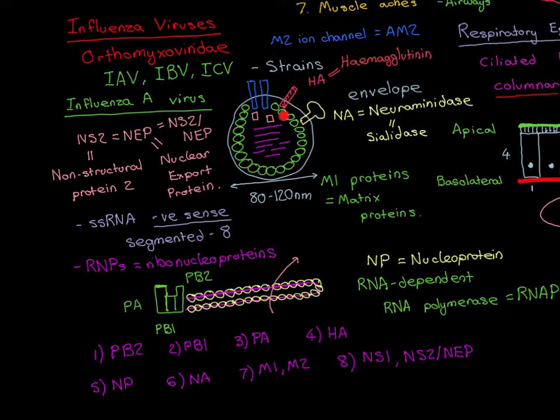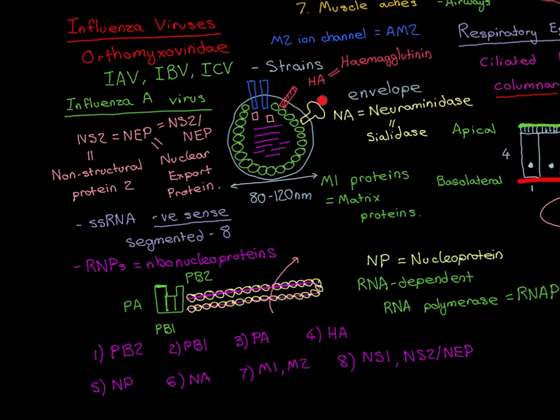Finally, also inside the matrix of the influenza A virus particle, you have some of the non-structural protein 2s, or the nuclear export proteins, which are these things here. Alright, so where were we going to continue on to? We were going to now discuss the structure of hemagglutinin in a little bit more detail than we have done previously.